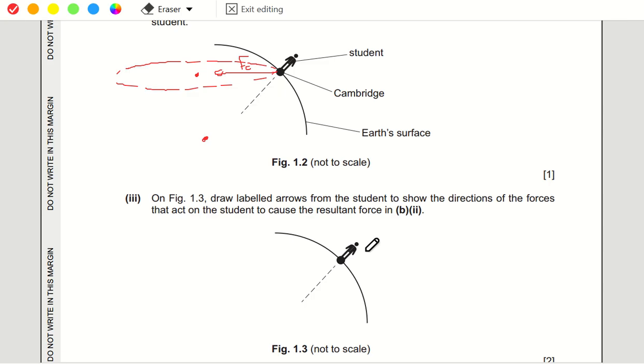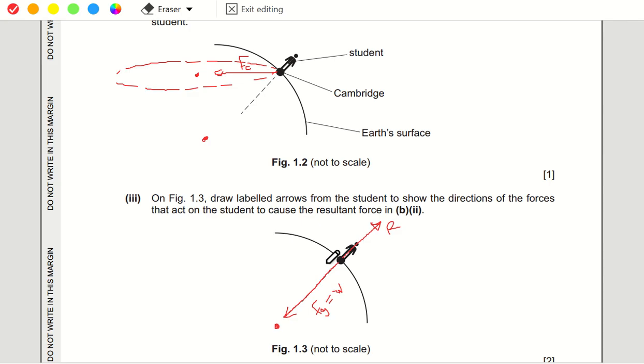It was reduced by the force of weight, which is directed to the center of Earth. Okay, this is FG, the vertical force between the student and the Earth, or the weight. Okay, and also there is a contact force upward.